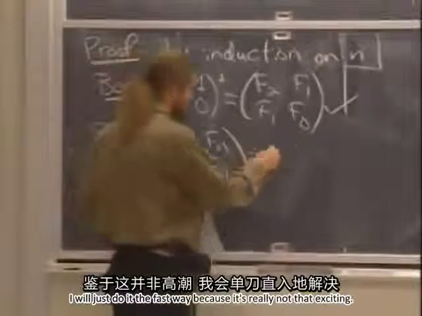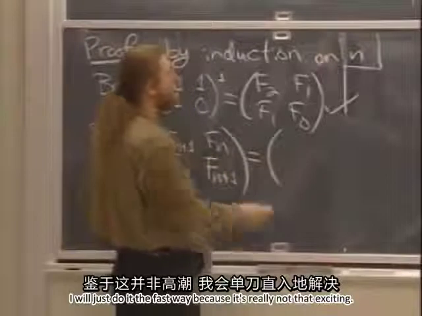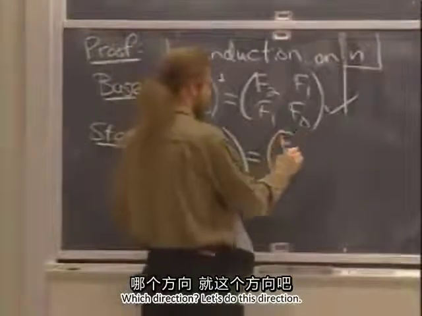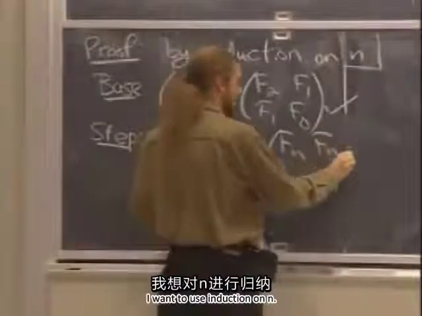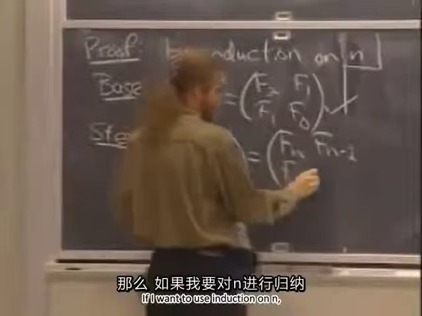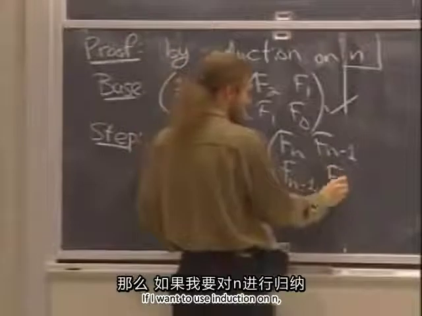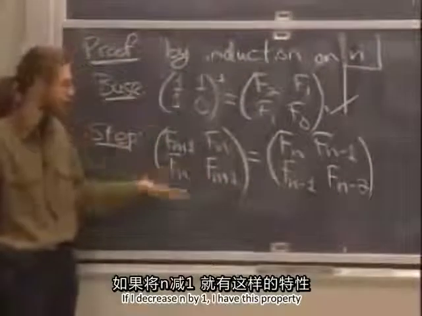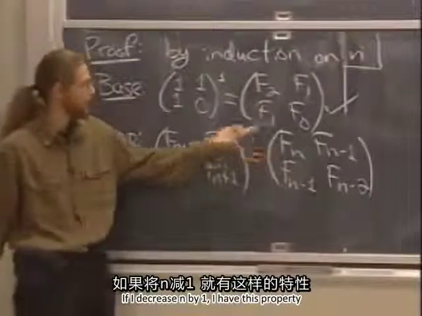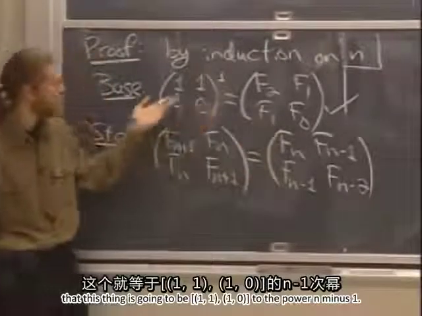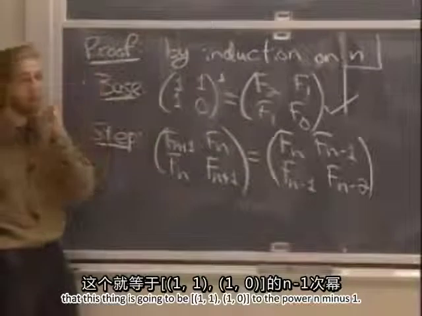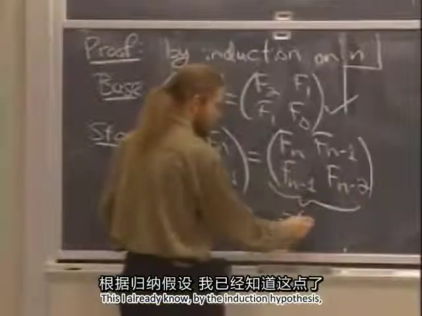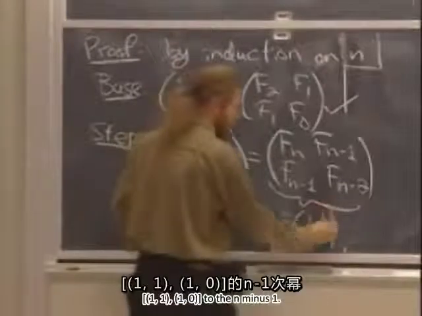I'll just do it the fast way because it's really not that exciting. Okay, I want to use induction on n. So if I want to use induction on n, presumably I should use what I already know is true. If I decrease n by 1, I have this property that this thing is going to be 1, 1, 1, 0 to the power n minus 1. So this I already know is, by the induction hypothesis, 1, 1, 1, 0 to the n minus 1.